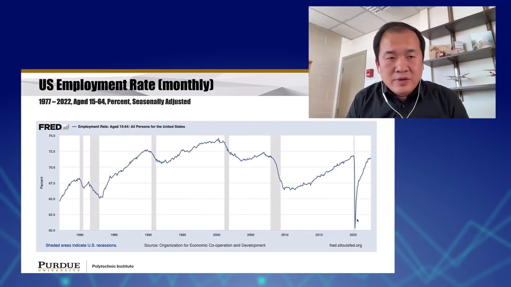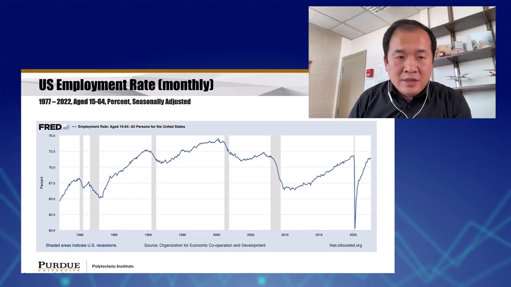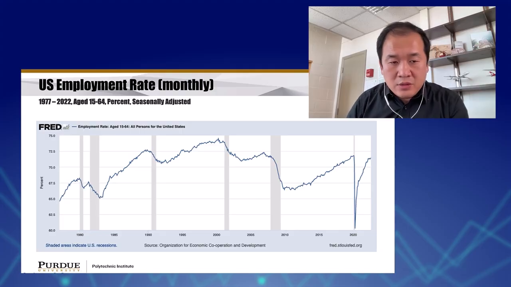Next, let's look at the US employment rate. This is the US employment rate for adults aged between 15 and 64, as a percentage, and it's also seasonally adjusted. As you see here, the employment rate for adults goes up and down, moving in cycles.